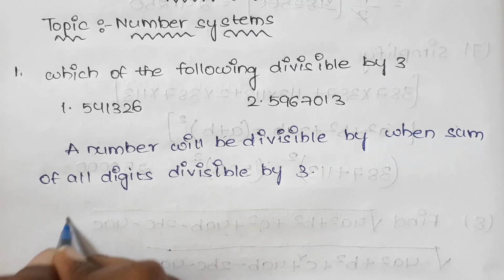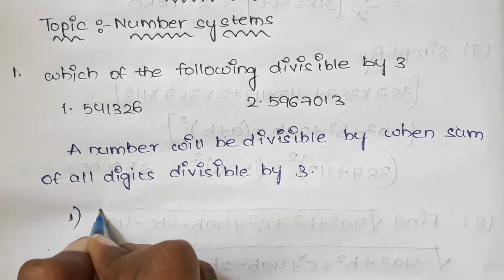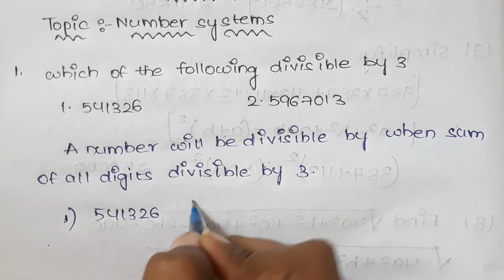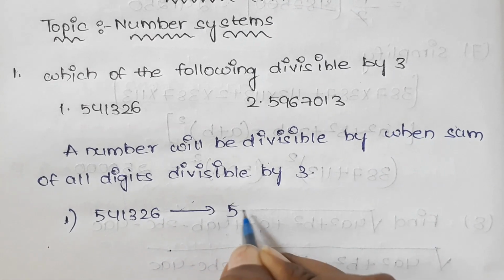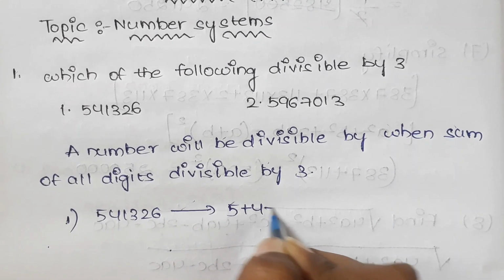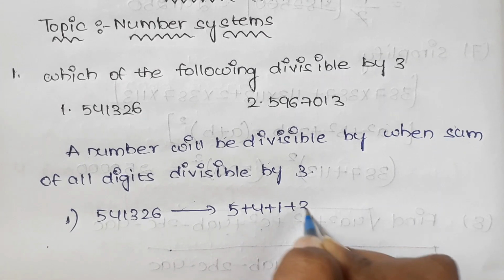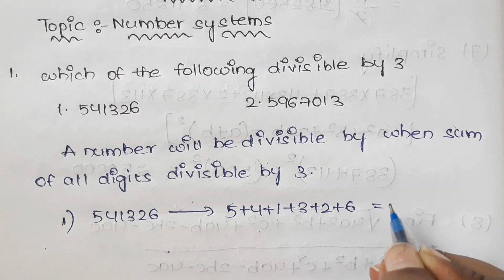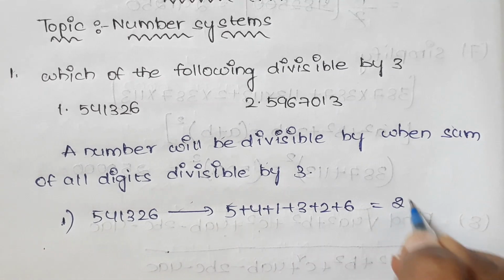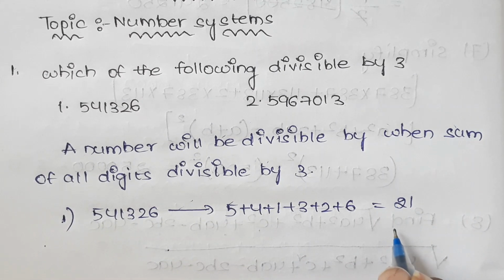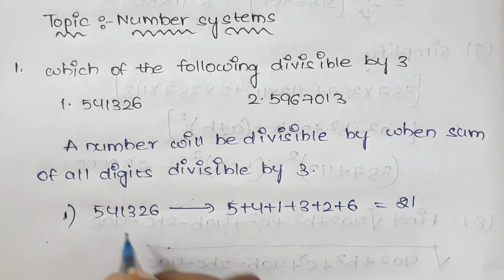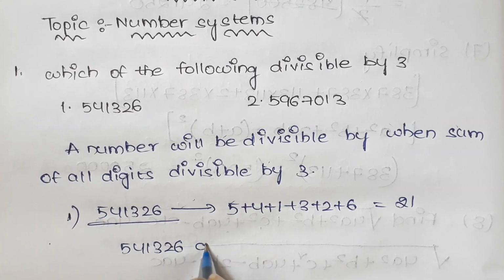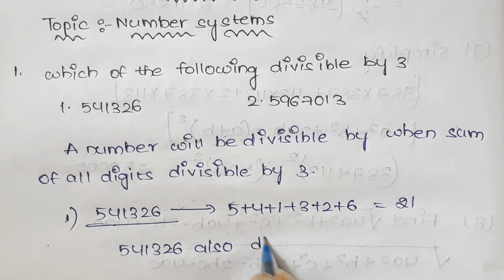Let us check in these two questions, that is given 5, 4, 1, 3, 2, 6. In this, let us do the sum of all the digits, that is 5 plus 4 plus 1 plus 3 plus 2 plus 6. And the sum is 21. Here 21 is divisible by 3. So the given number 541326 is also divisible.